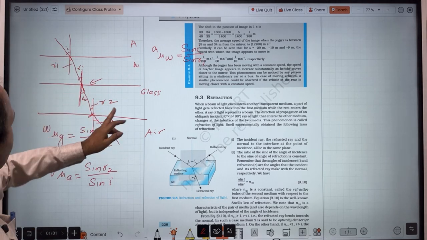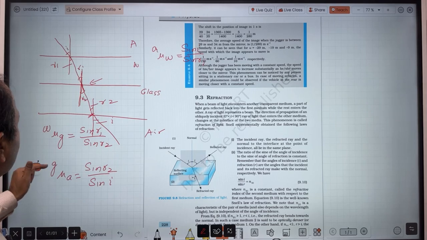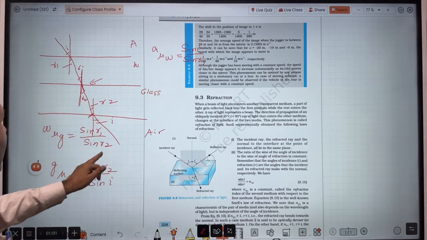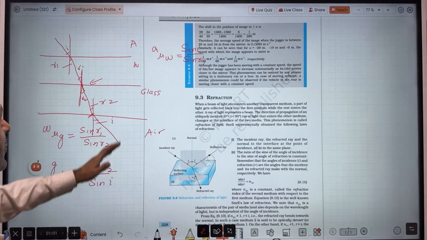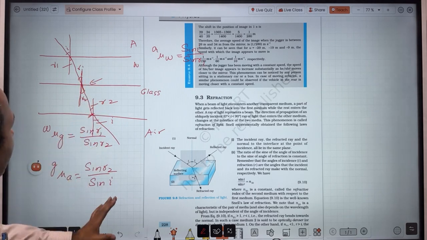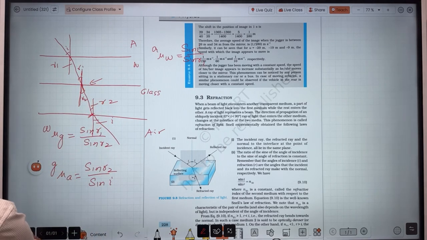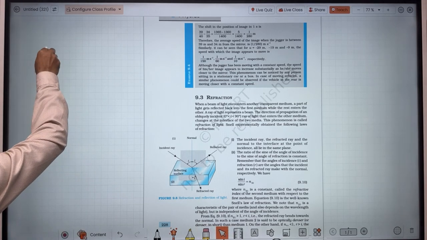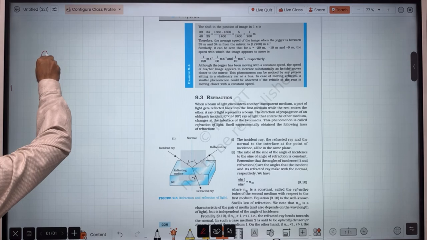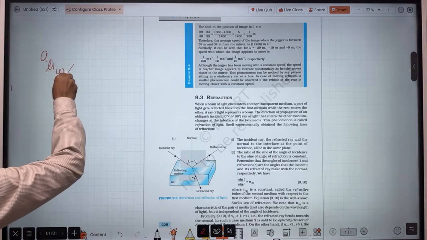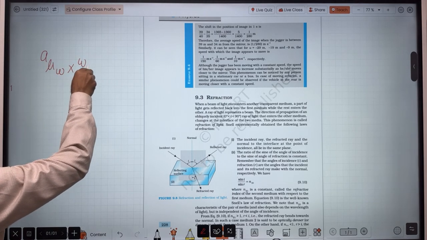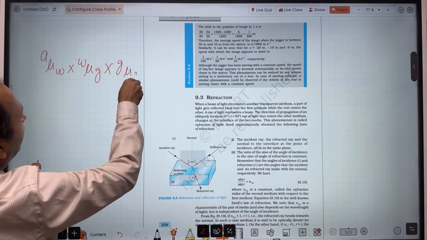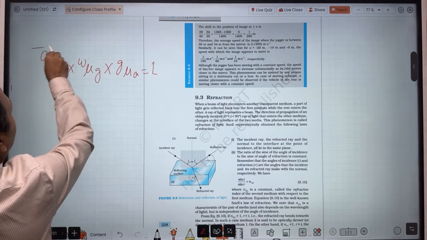A mu W times W mu G times G mu A equals sine I upon sine R1, then sine R1 upon sine R2, sine R2 upon sine I. So what do we get? Everything will get cancelled and we will be left with 1. So our final relation will be A mu W multiplied by W mu G multiplied by G mu A equal to 1.